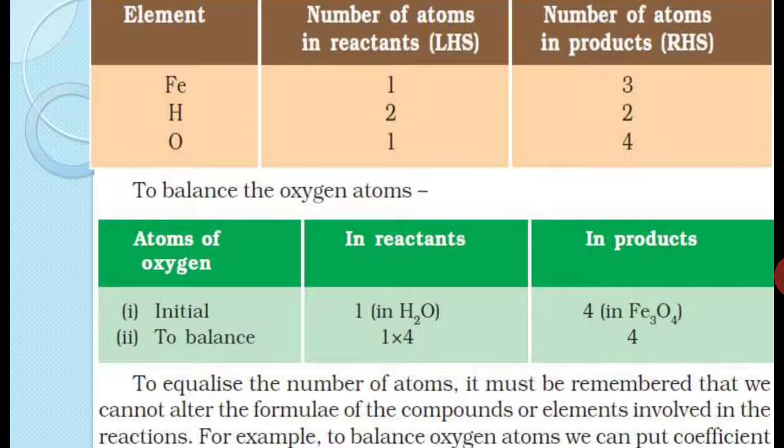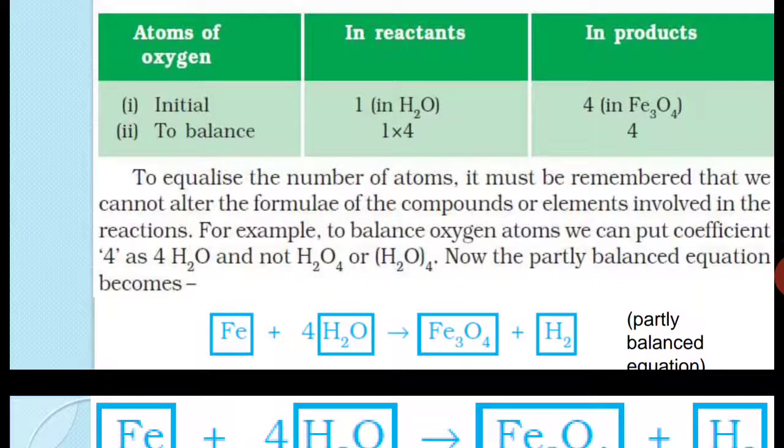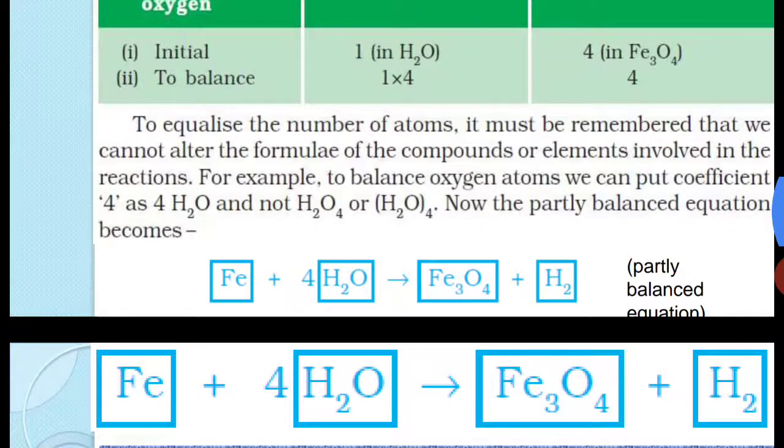Now to balance the oxygen atoms we need to balance the numbers. We can see that the maximum number is on the product side, so we multiply by 4 on the reactant side. So we write 4 in front of H2O.